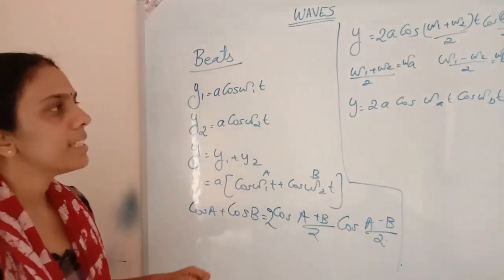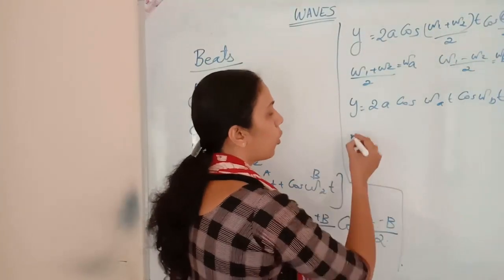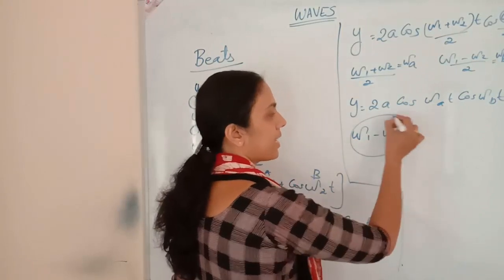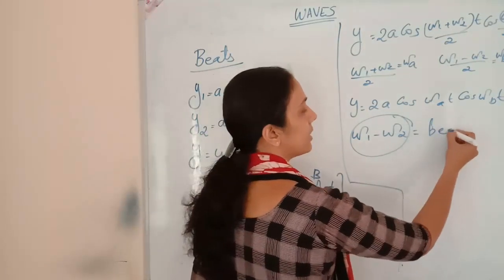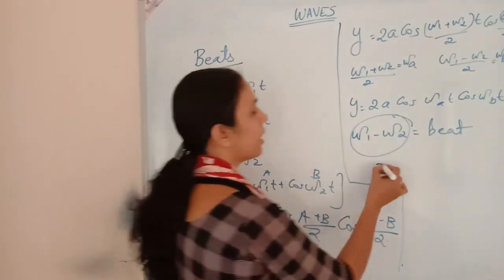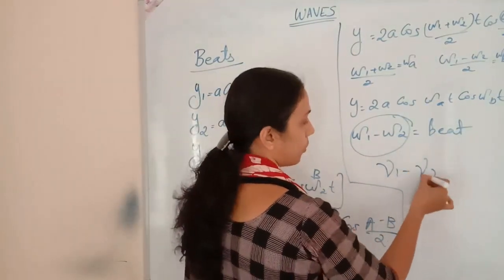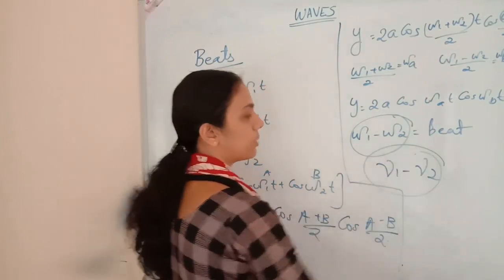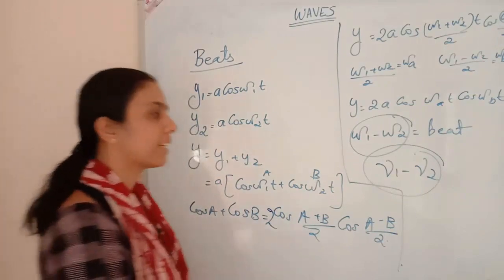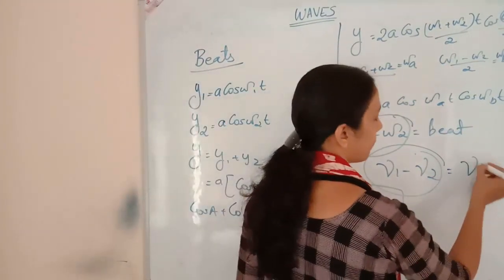This difference in frequency, omega 1 minus omega 2, is called the beat angular frequency, or we can write it as nu 1 minus nu 2. The frequency difference obtained is called the beat frequency.